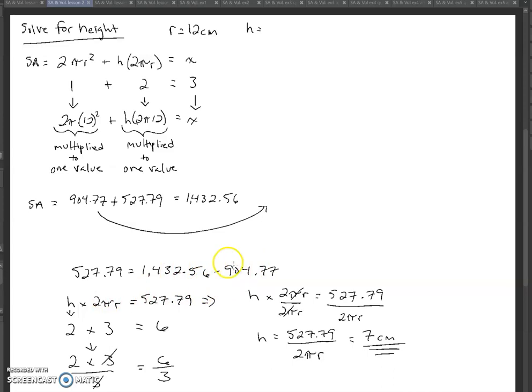So now we have a different sort of scenario going on, where you have the height times 2 pi r, which could be viewed as a 2 times 3 equals 6 scenario, where we want to get height by itself. So if we want to get 2 by itself, we just want to cancel the 3's.